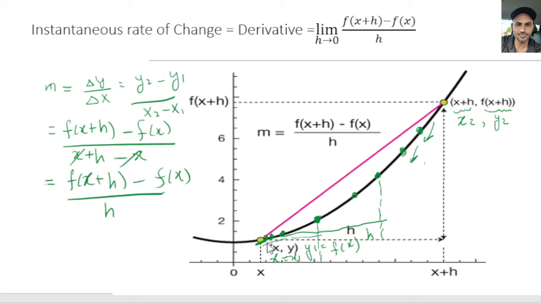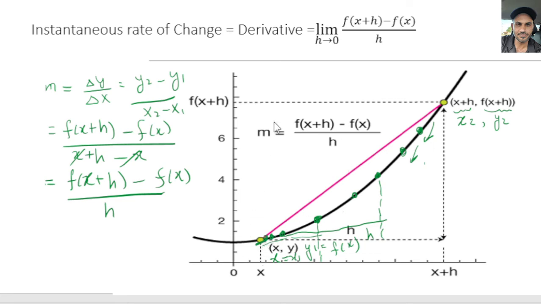The slope of that line represents the instantaneous rate of change happening at this particular point, and that is the definition of the derivative as well. The limit of this particular ratio as h goes to 0 defines the derivative of the function at this point.